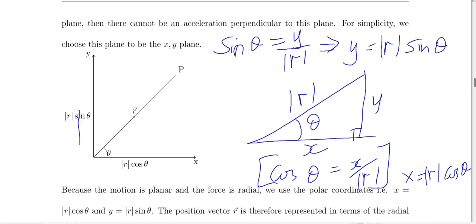So this side is described by the magnitude of r times sine of theta, and the x-axis by the magnitude of r times cosine of theta. When we write P with the coordinates x, y, we can replace x and y with these quantities.